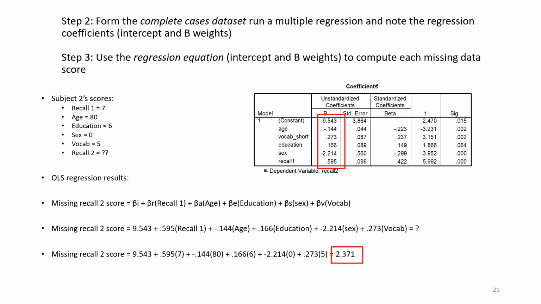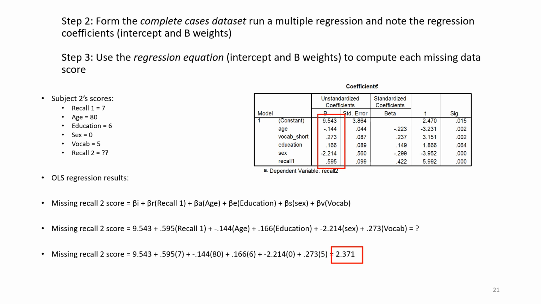The next slide will show steps 2 and 3. So using the complete cases data set, we're going to run a multiple regression and note the regression coefficients.